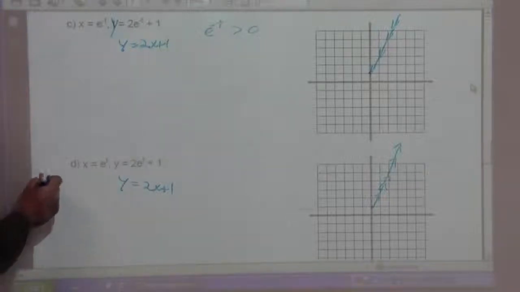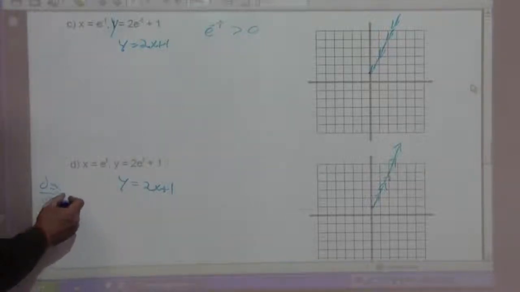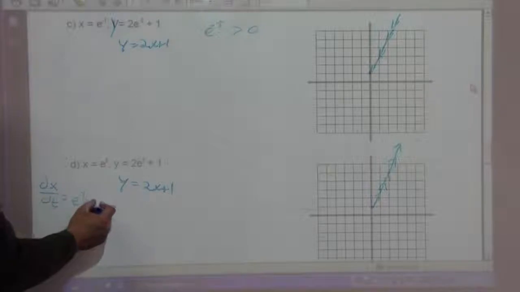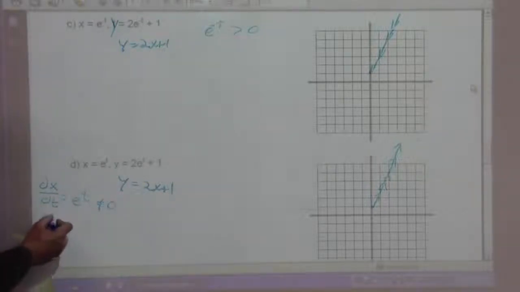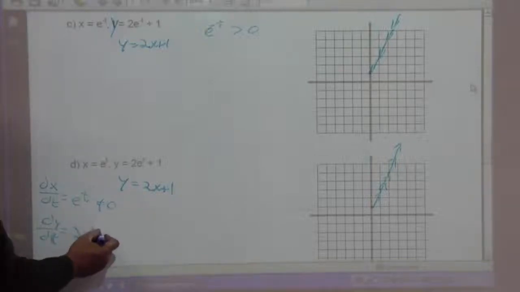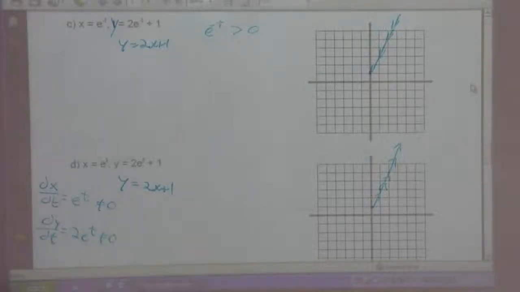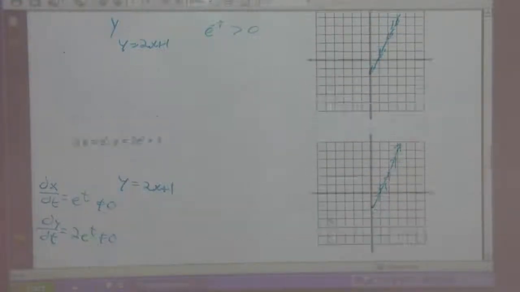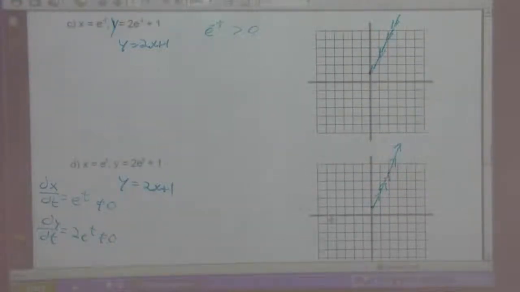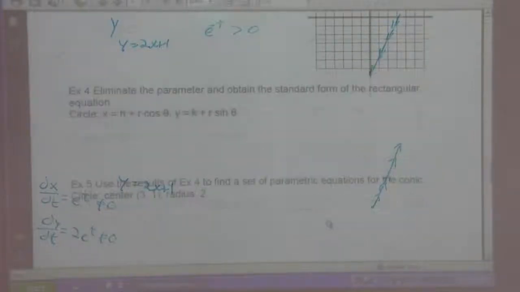Oh, and dx/dt is equal to e to the t, which is never 0, and dy/dt is 2e to the t, which is never 0. So there are no points where you have a 0 derivative, which means it's always going to be increasing.